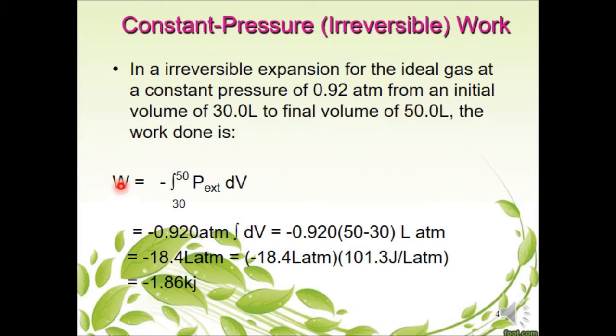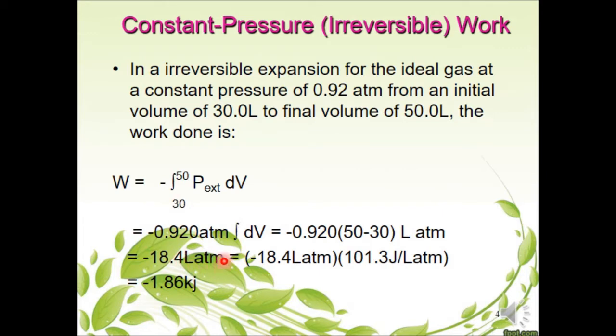So the formula: work W is equivalent to negative P dV, change in volume. If we integrate the formula, you get negative P change in volume. Because the volume is given in liter, your answer would be in liter atmosphere. However, the unit for work is joule.